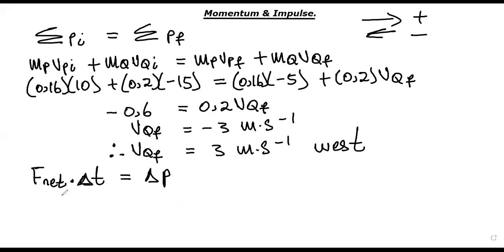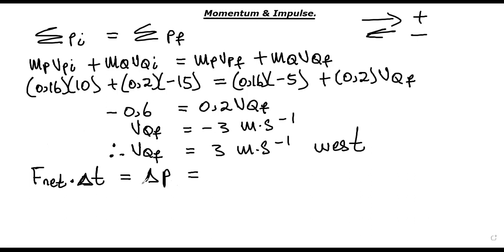If you look at your statement, you can see you're not given the net force nor the time. So the best you can do in finding the impulse is to calculate the change in momentum of ball P. That's the best you can do.